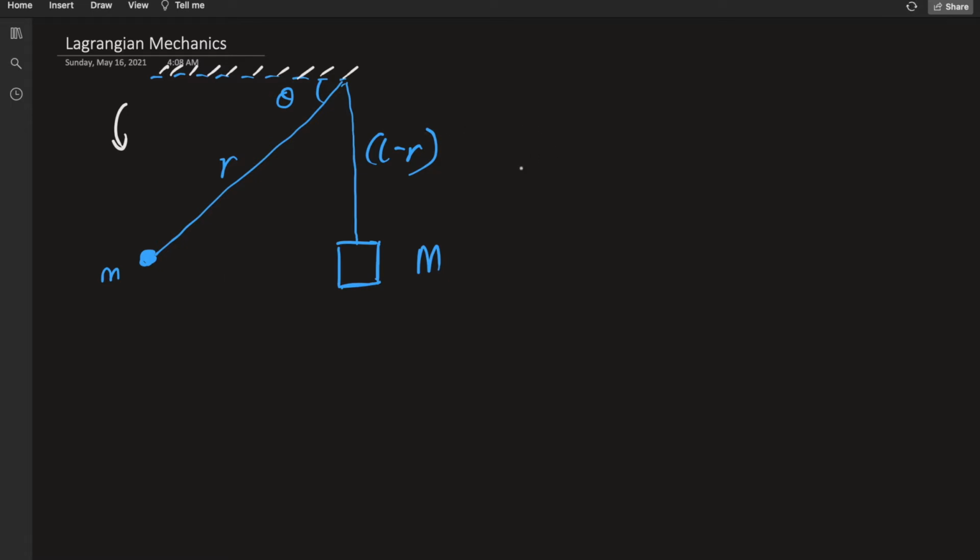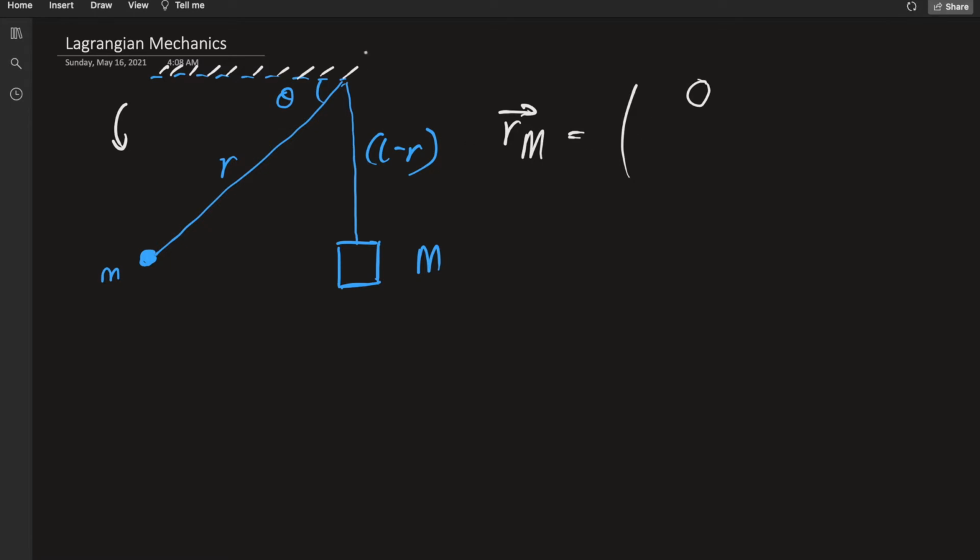So first, I'm going to write the position vector for the capital M. In the x direction, well, not much, it's initially at 0.